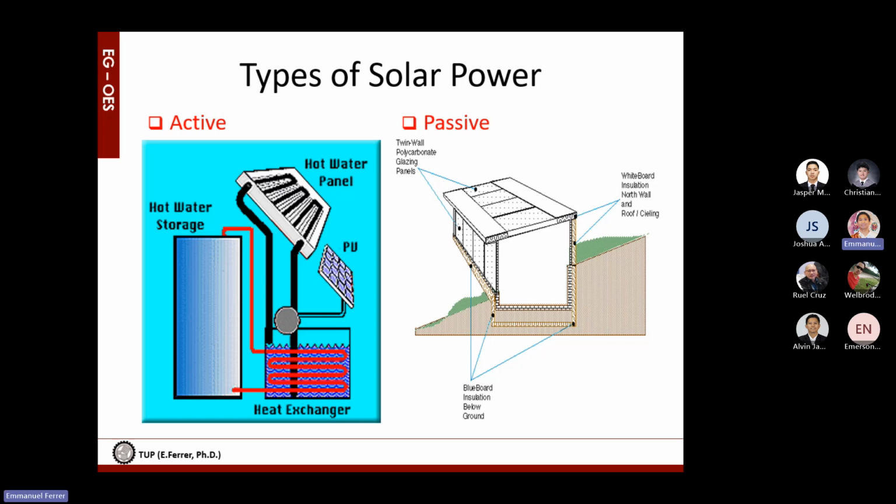Merong conversion ng solar to other applications, electrical or power, and then heating. Yan. So dito sa active, ito yung mga ways on how to utilize solar energy. Yan. Through heating, using hot water panel and through photovoltaic cells.